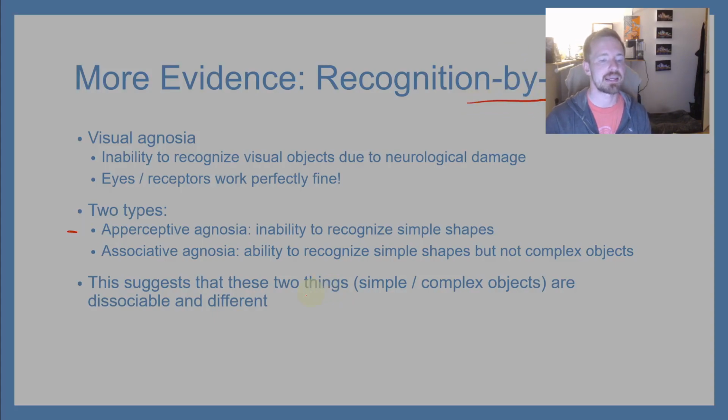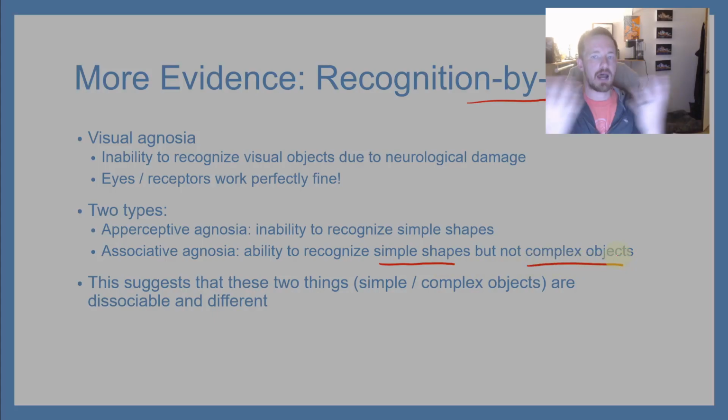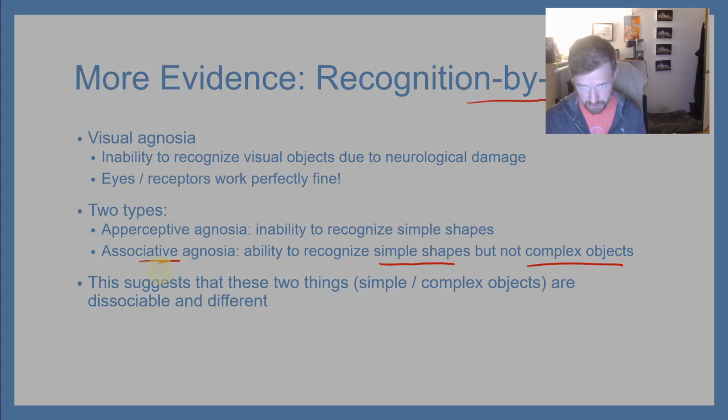Because people that have associative agnosia can still recognize geons, but they can't recognize higher order, more complex shapes that are a combination of geons. So there does exist evidence of this in the brain, because we see folks that have the ability to recognize a simple shape, a geon, but not combinations of them.